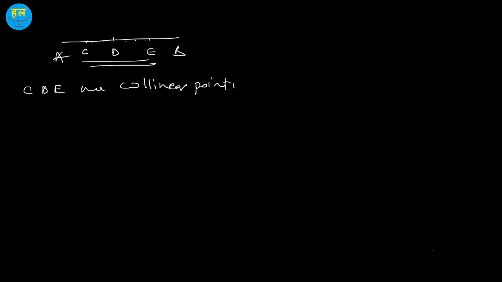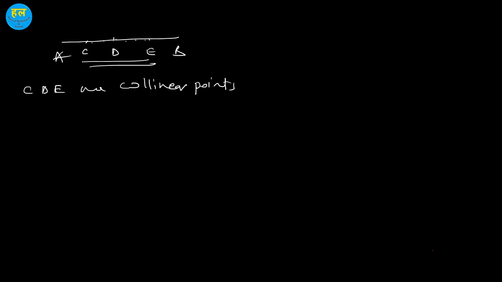Now if we see a line segment A and B, there are many points which lie on this line, because line is a collection of infinite points. There will be many points like C, D, E. When all these points lie on the same line, then these points are called collinear points.